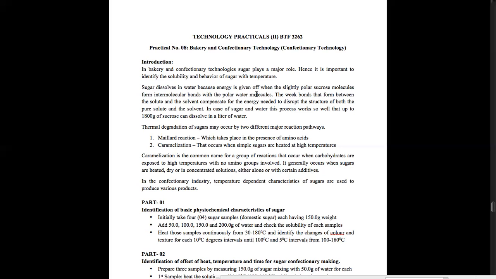In confectionery technology practicals, there are several factors to maintain critically, such as temperature, time, stirring speed, the time we add ingredients, and the sequence. You can't add raw materials as you wish; there is a sequence.